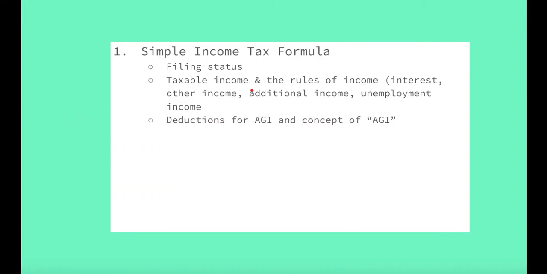Then we have deductions for AGI. And those are specific amounts we get to deduct from these income amounts. Now, the concept of AGI was really based on our old tax return, which has been updated because of the December 2017 Tax Cuts and Jobs Act.